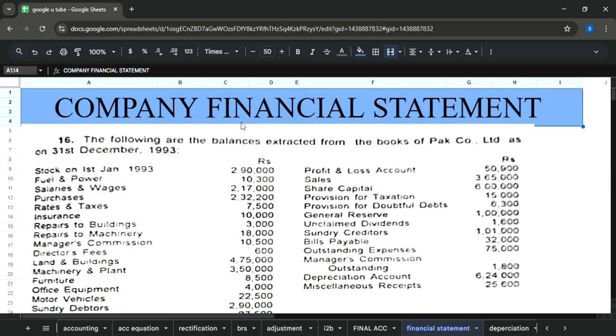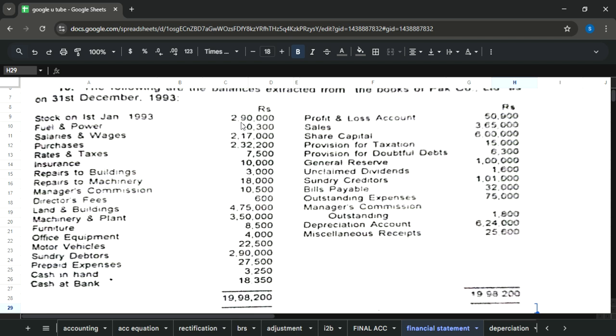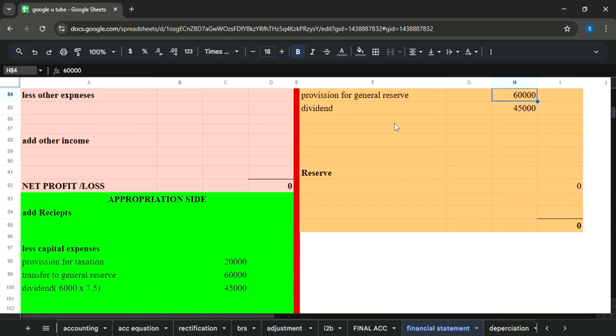So guys, you have seen that all related items present on the left side or debit side of the trial balance have been completed. We will now turn our focus to the right side, that means the credit side. The first element is profit and loss account. Over appropriation, we will write profit and loss account.